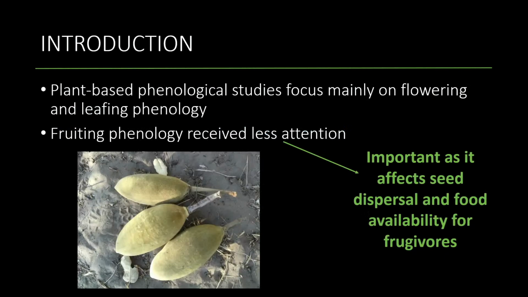So we expect cascading effects. A lot of plant-based phenological studies focus on flowering and leafing phenology, but much less attention has been given to fruiting phenology. This despite the fact that fruiting phenology is very important for seed dispersers, for whom it can make up a huge part of their food source, and also for seed dispersal, so for the plant itself.